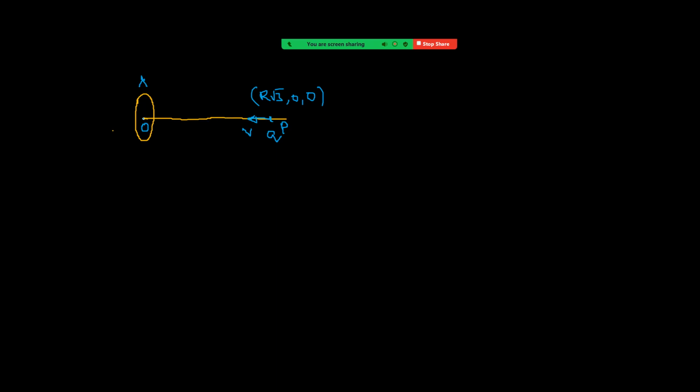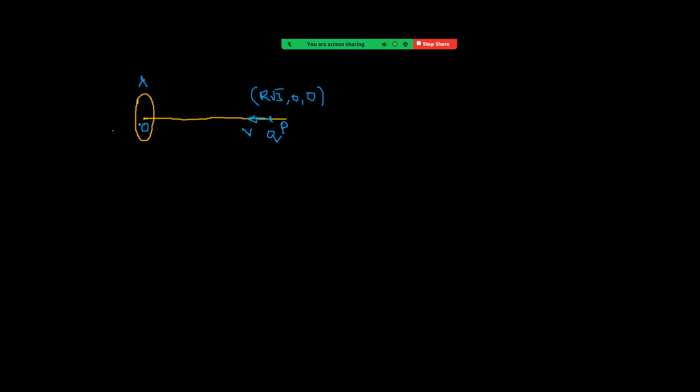Why I'm saying at least: if it is able to cross the origin, then because of the positive charge on the ring, repulsion will be there along the negative x-axis. Therefore, there is no chance of coming back.